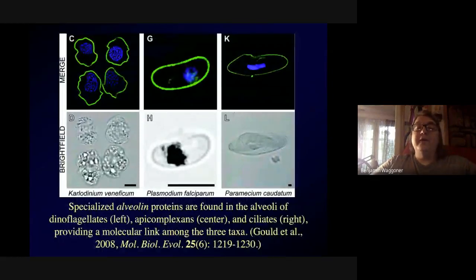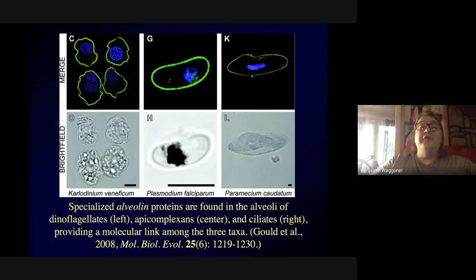Just to show you this directly, on the left, you've got a dinoflagellate called Karlodinium. In the center, that bean-shaped thing is a meront, I think, one of the stages in the life cycle of Plasmodium falciparum. That's a human malaria. And on the right, you've got Paramecium, one of the species of ciliate that you might well see in your water samples.